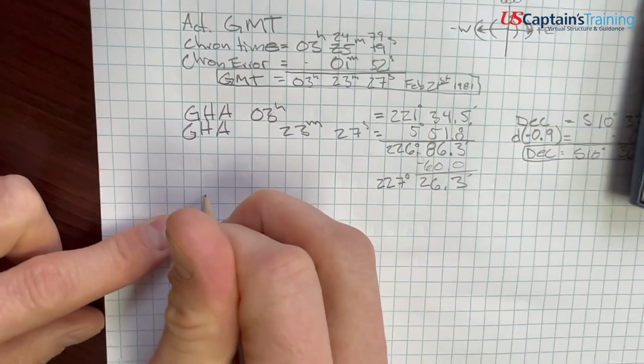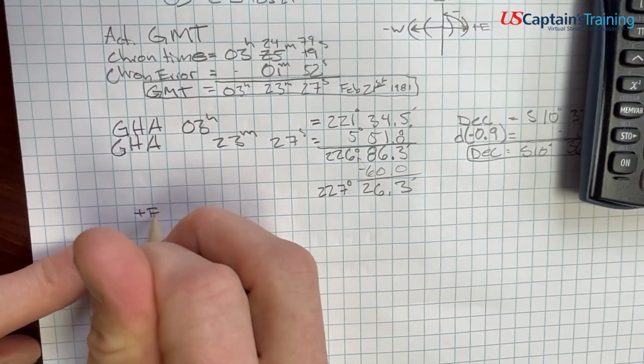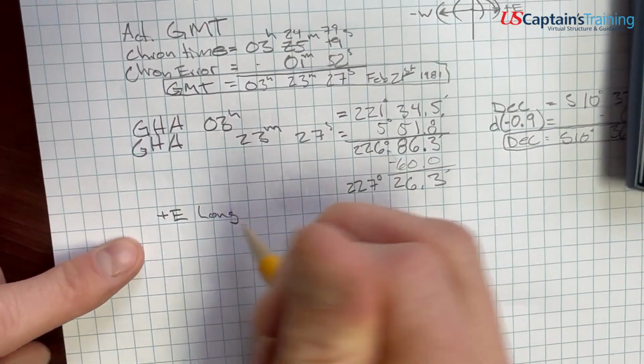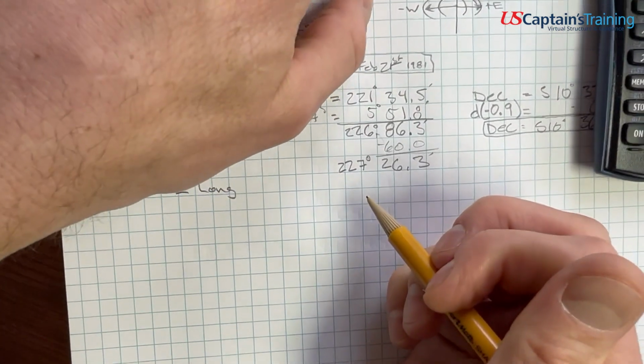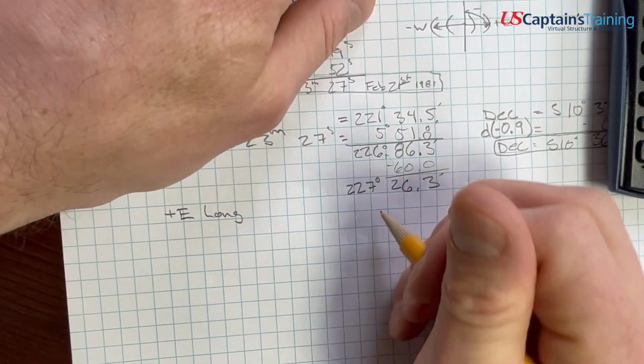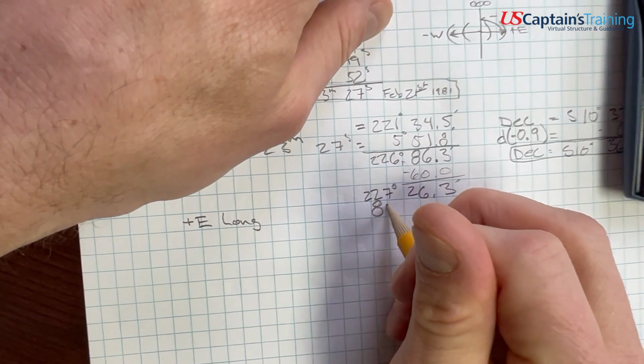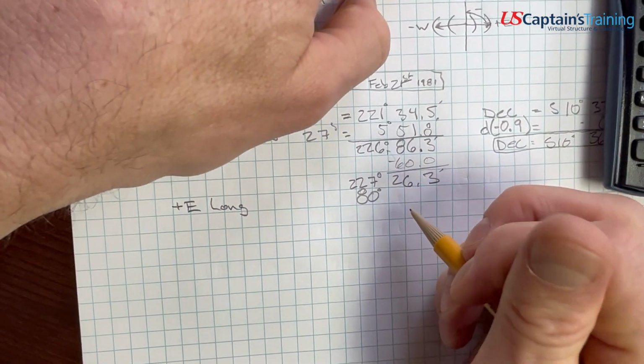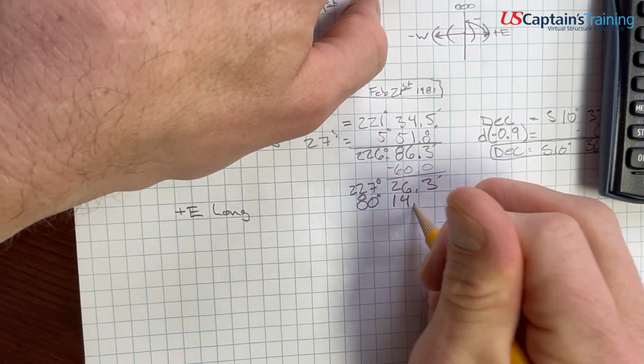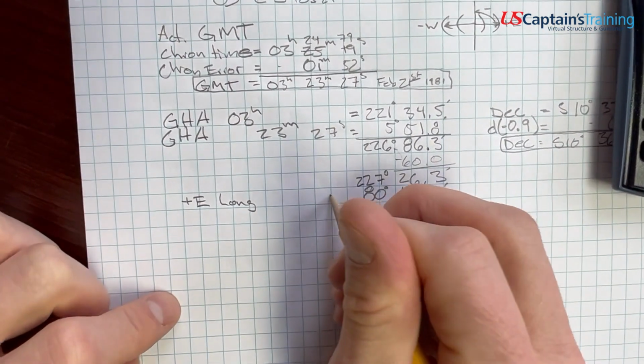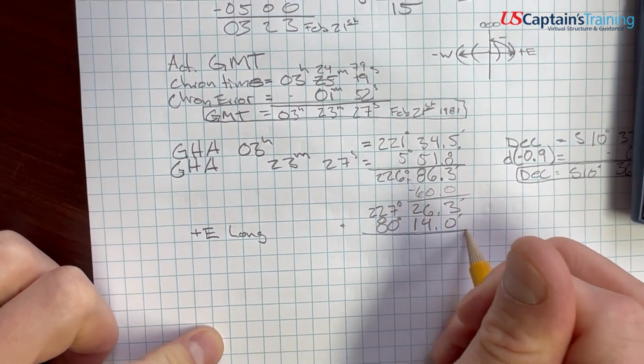Okay, now we're going to add an east longitude. If it was west longitude, we subtract. But we add east longitude, and our east longitude is up here: 80 degrees, 14.0 minutes. I'm going to add these.